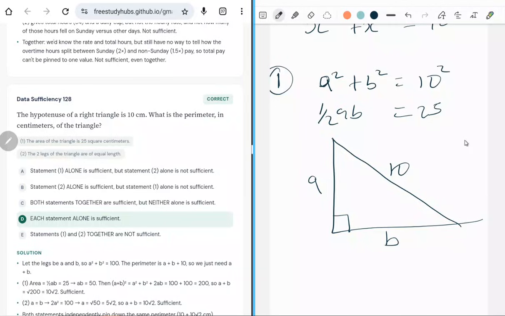A squared plus b squared equals 10 squared is Pythagoras theorem. So what are you overthinking? The area of a triangle is half base times height. Half A times B equals 25. So the question stated is plain, it's straightforward. Sometimes I'm very stubborn when I teach people, because you can't be telling me that you didn't understand it.